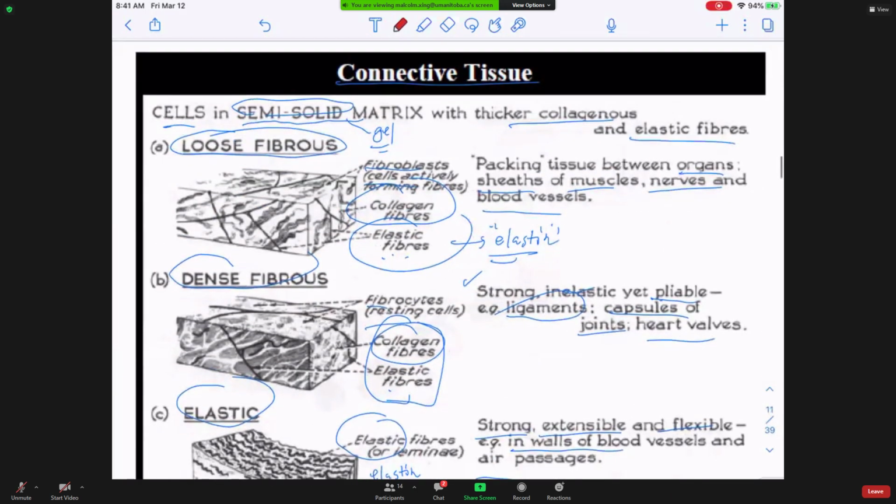And also we talk about some connective tissue, some loose, dense, or elastic, but generally they have two components. One is collagen, one is elastin, the elastic fiber.